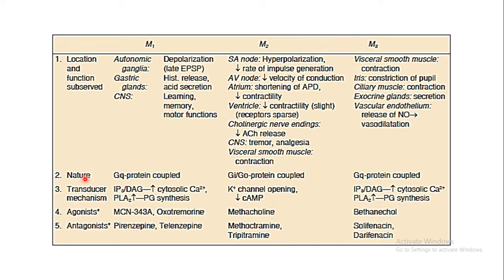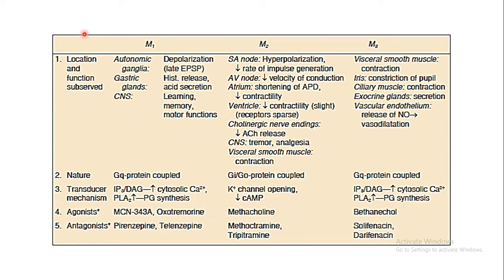Based upon that, it is again discussed over here, and the transducer mechanism, exactly which pathway is followed by the particular receptor, right? We have covered the transducer mechanisms also earlier, and this particular table will also tell you which are the agonists and the antagonists of acetylcholine at these particular subtypes of receptor. There are specific agonists and antagonists at specific subtypes of the receptors.